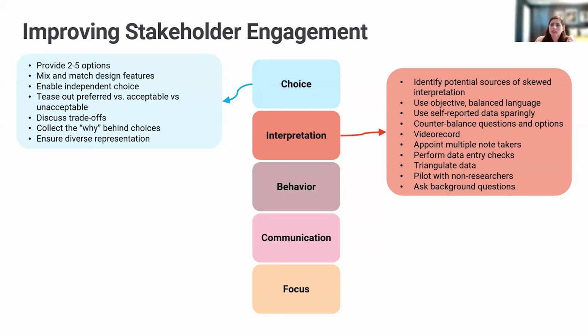So trying to use objective, balanced language, and counterbalancing, which is a practice where if you present multiple options to different people, you rotate what order they're presented in so that you aren't always presenting the first thing to all of the people, because that can actually influence their perception of things that are presented afterwards.